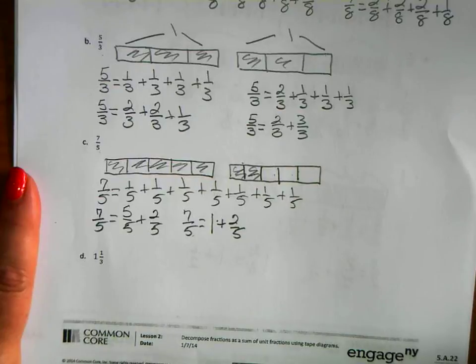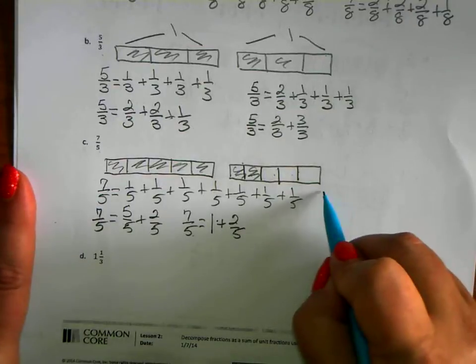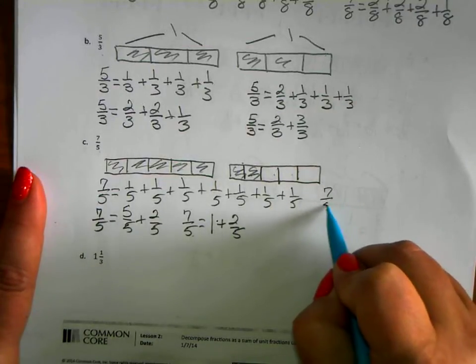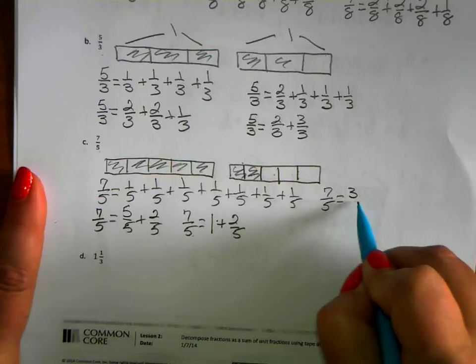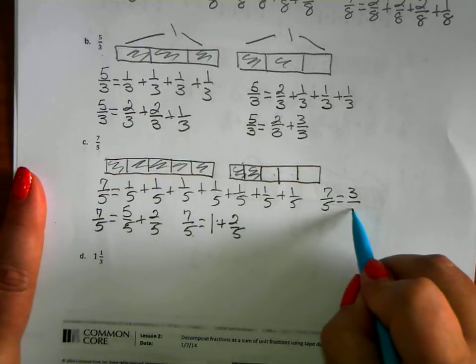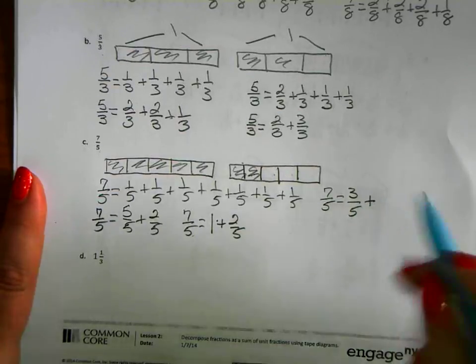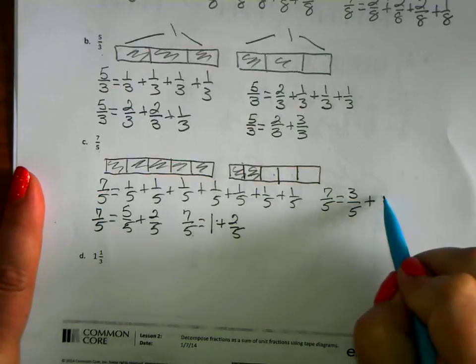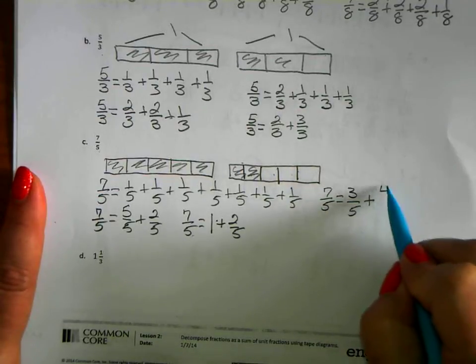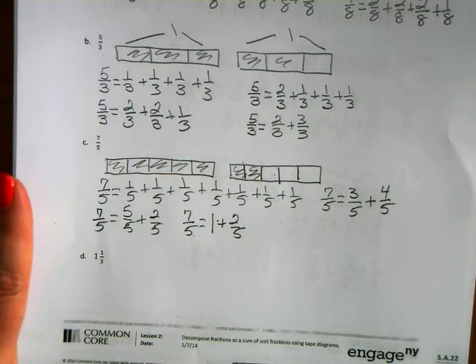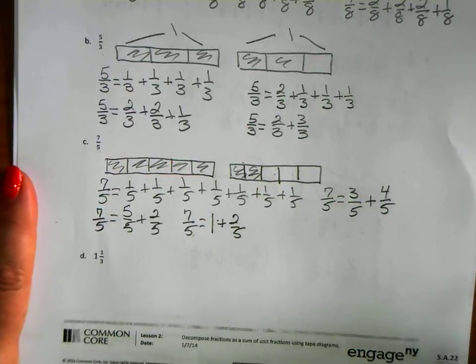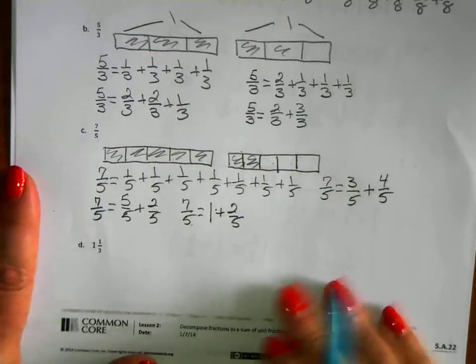Is there another way to decompose it? Sure there is. Henry, what's another way to decompose 7/5? 7/5 equals. Say the whole number sentence for me, please. Good job. 3/5 plus 4/5.